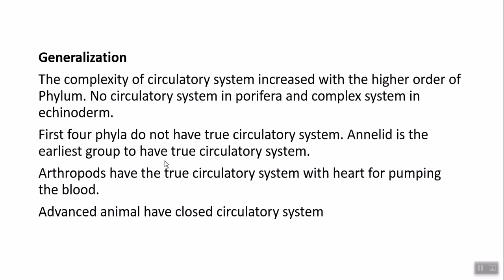Annelida is the earliest group of invertebrates that shows a true circulatory system, of the closed type. Arthropods have a circulatory system with the heart as a pumping organ. The advanced animals, including vertebrates, have a closed circulatory system.